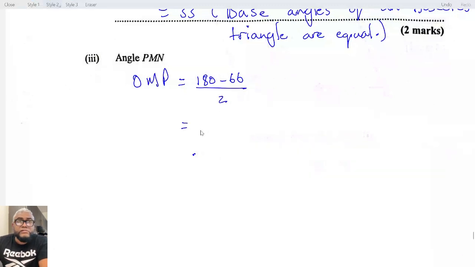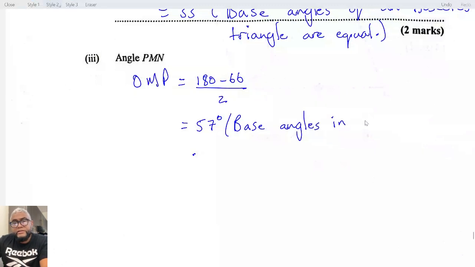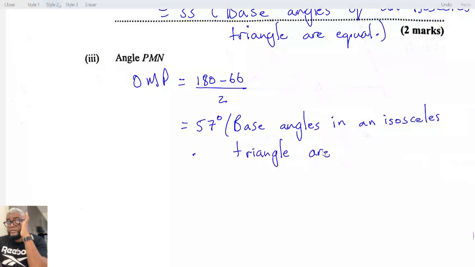How are you getting here? 57? Everybody get here? 57 degrees, and this will be base angles in an isosceles triangle are equal.